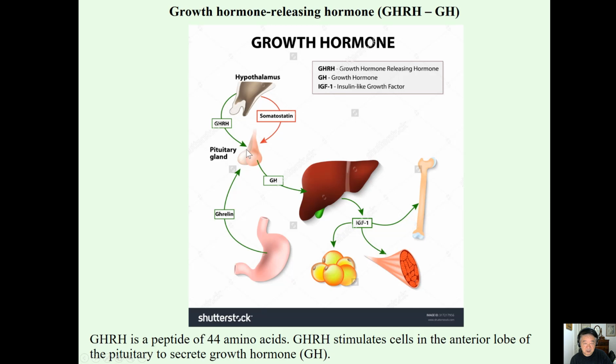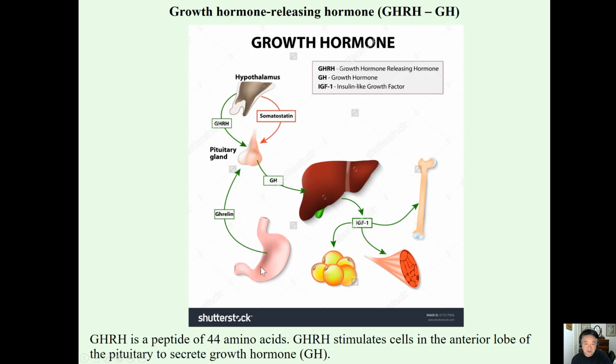Then this anterior pituitary gland will produce growth hormone into the circulation, come to the liver and other organs, and that can stimulate IGF production, which is the insulin-like growth factor 1, and related to the growth of bones, the muscles, and the adipocytes.